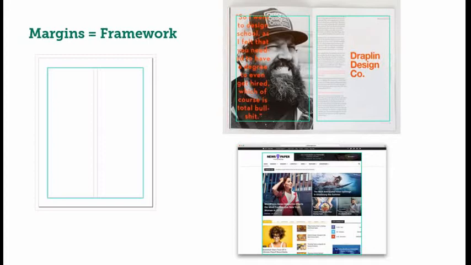I think you've seen on probably all of these examples I've shown you where different elements definitely can break the margins to create variety and visual relief and make your compositions a little more dynamic. Like in that print publication, the photograph is obviously a full bleed, bleeding to the edge of the page, busting past the margins. However, the content, the text, is all sitting within the margins.